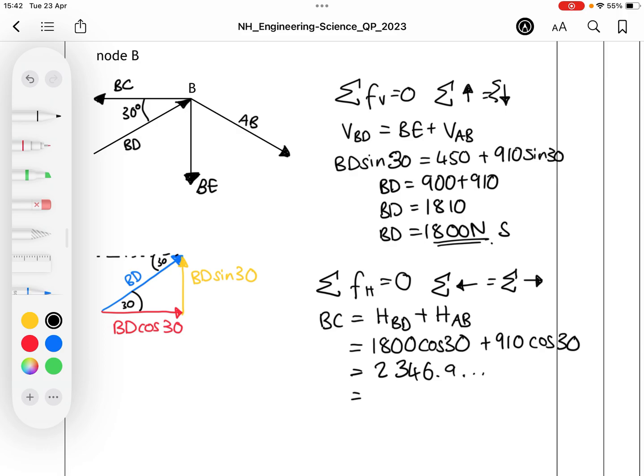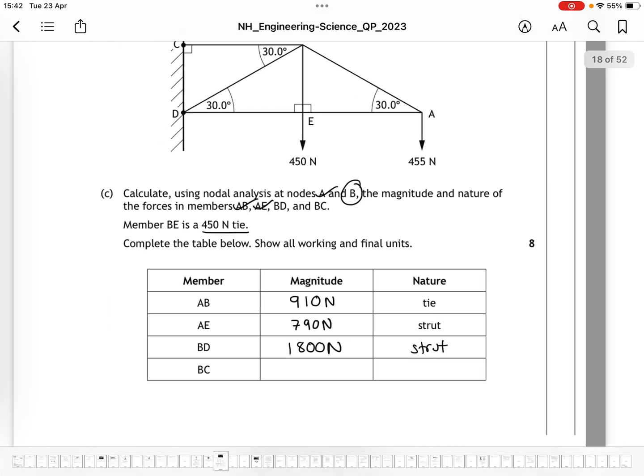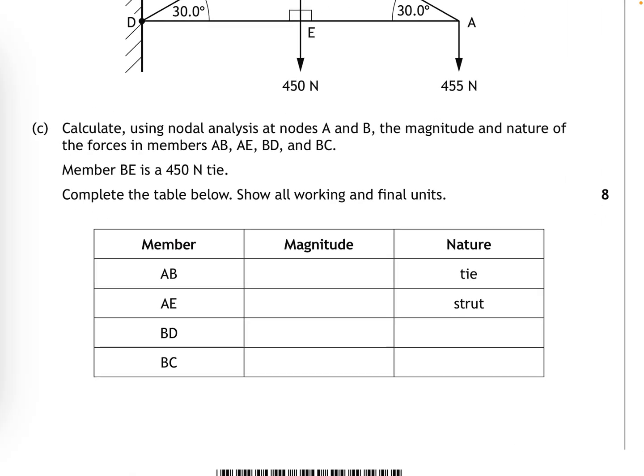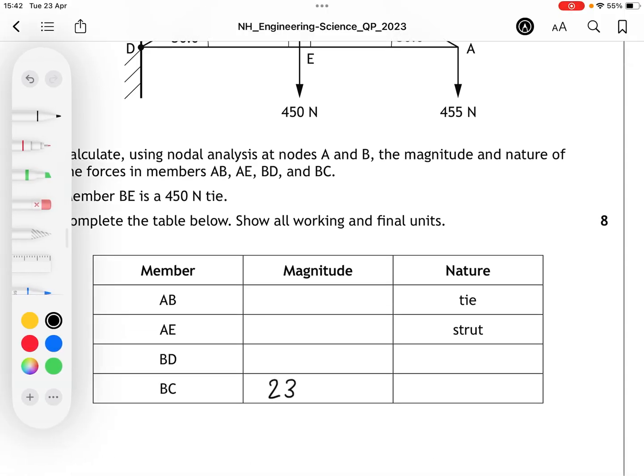So I'm going to put that into two significant figures and say that's 2,300 newtons. And I was correct in assuming that that was a tie. So I'm going to now pop that into my table here. So that's going to be 2,300 newtons, and that is a tie. If I just fill this back in, it was 1,800 newtons and a strut, and we had 910 here and 790 here.